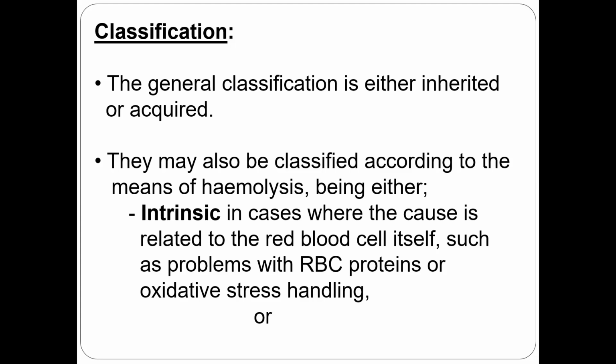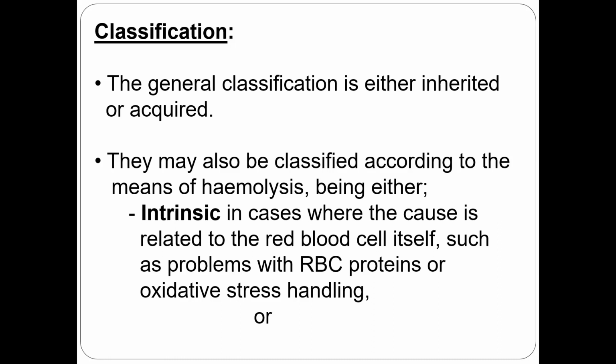So if you were born with certain constituents or constitution of genetics, simply put, there is something that you were born with that may be causing your red cells to break down, then that type of hemolytic anemia is inherited.